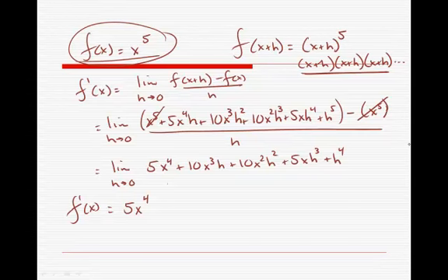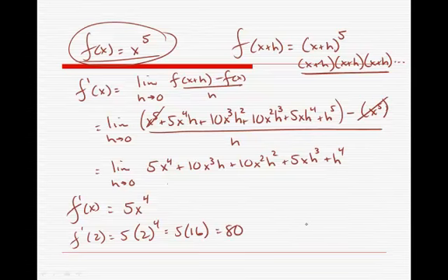Now if I want to find the derivative at a particular place, I could now plug in, for example, f prime of 2, which would be 5 times 2 to the fourth, which is 5 times 16, or 80. What we've done in this case is we have first found an equation in terms of x.